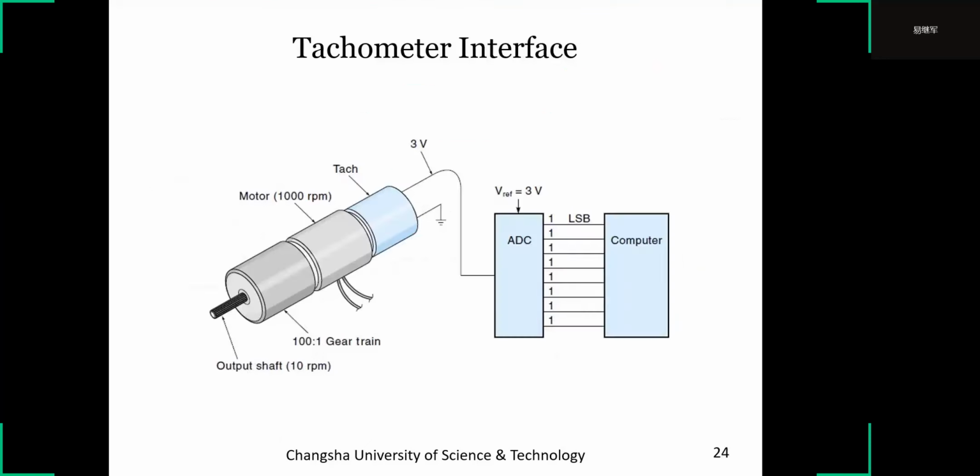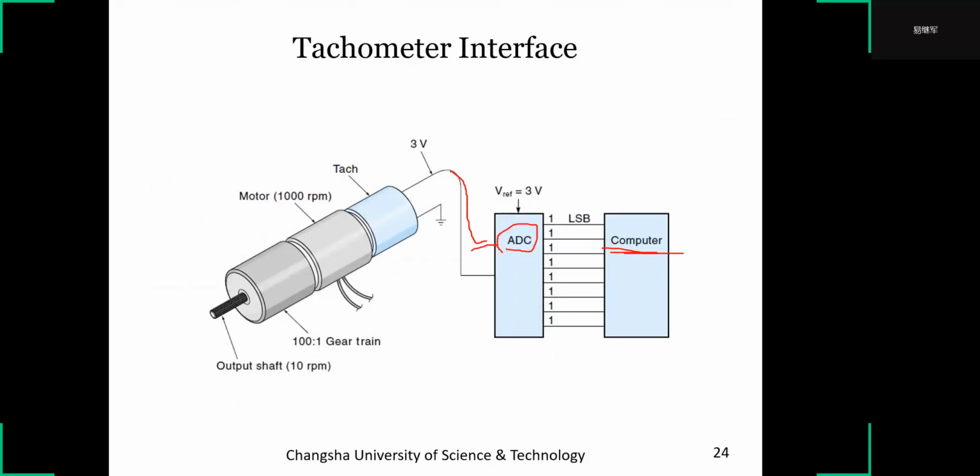A tachometer interface: the signal is input to the ADC, then output to the computer. The computer processes the signal.